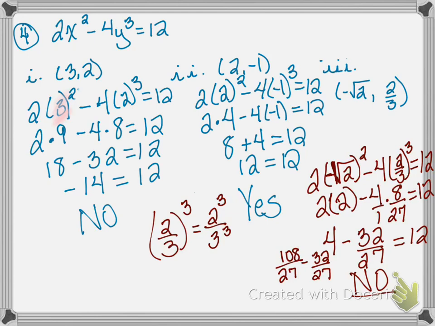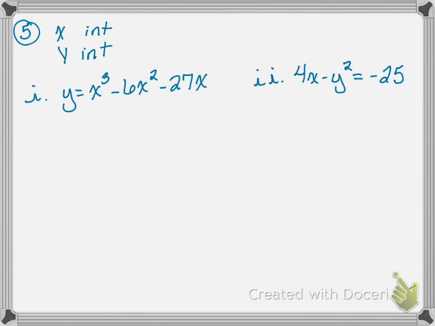Okay? Now, for number 5, we're working on x and y intercepts. Now, by definition, to find our x-intercept, we plug 0 in for our y value. Okay.